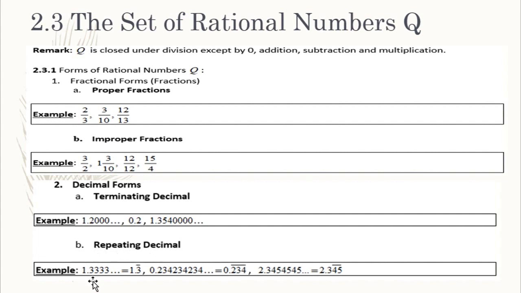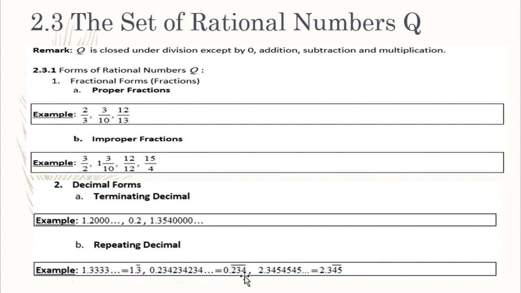Then your repeating decimal. Ang repeating katong magbalik-balik ang iyang decimal nga digit. Like this, 1.33333 and so on. Or you can write this as 1.3 bar. Meaning ana nga naka-bar, kana nga number nagbalik-balik, dili maputol. Also, we have 0.234234234. So, naka-bar si 234, 0.234 bar.